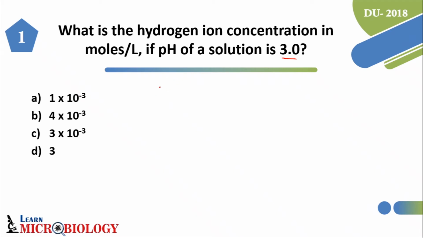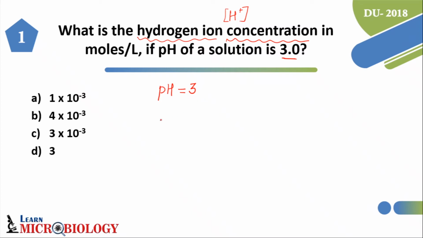Now what is given? Given is pH. They have already given us the pH of the solution to be 3, and they have asked us to find out what? Hydrogen ion concentration, that is the concentration of H plus. How will you do that?